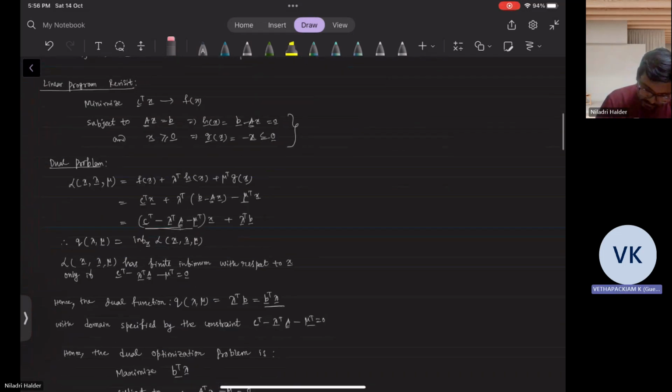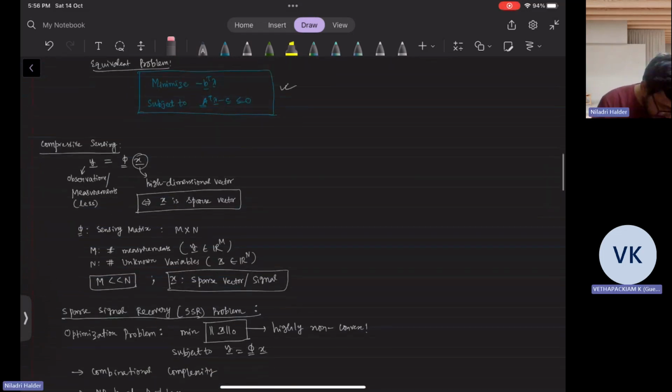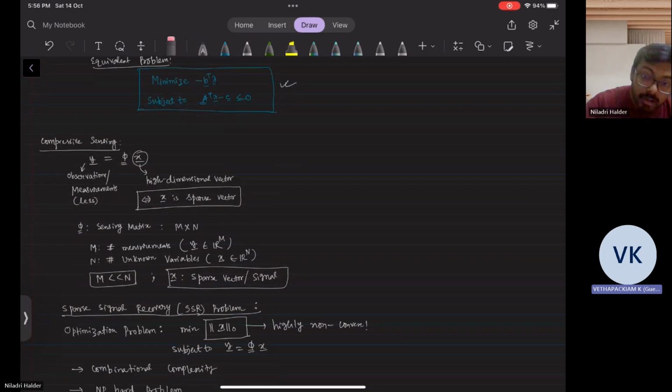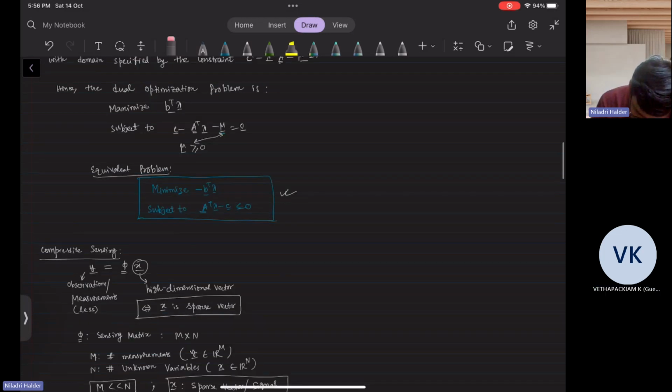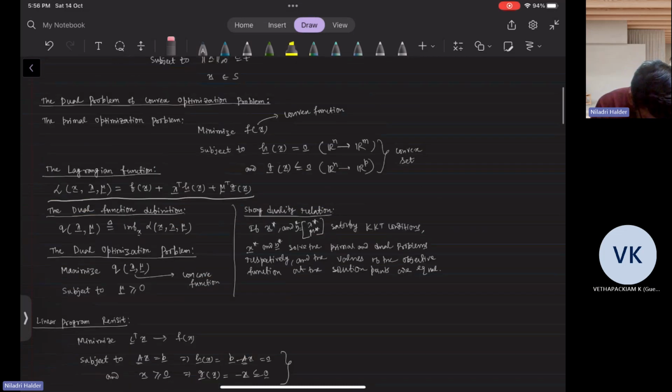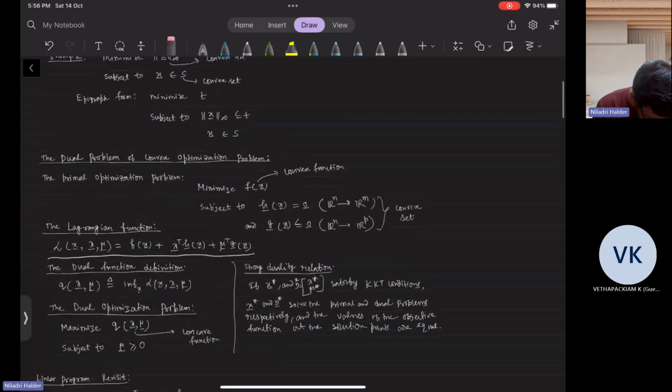Sir, can you solve assignment 11? Sure. Fourth problem in assignment 11. The question is the maximum value of X transpose AX for norm X less than or equal to 1.